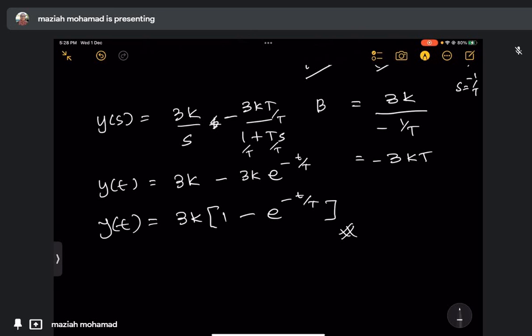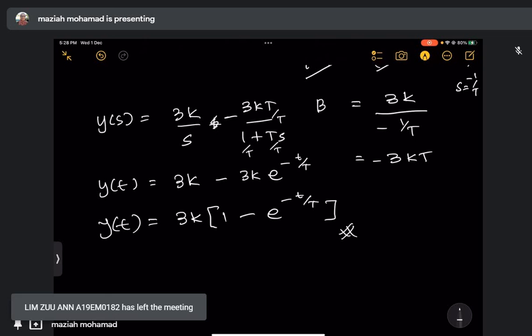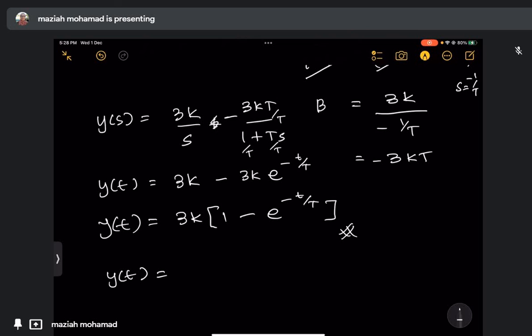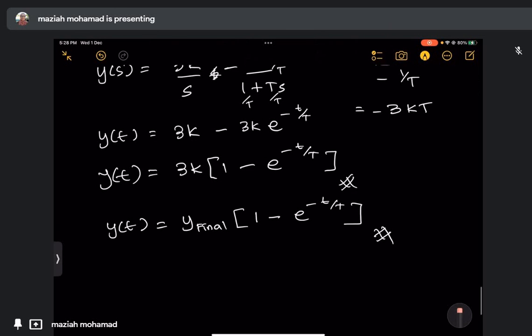Okay, so based on this equation we can consider, okay, y(t) is equal to Y final multiply with 1 minus exponent negative t per T. Okay, so that's why ini tadi yang your friend buat 3 darab dengan K, which is this one lah, 3K ni. Basically is considered Y final.